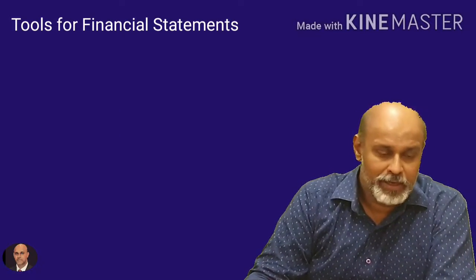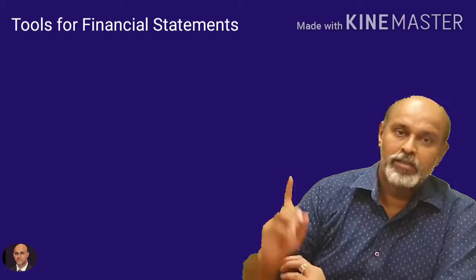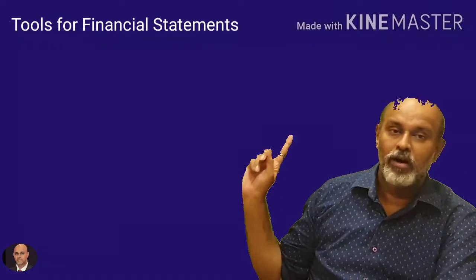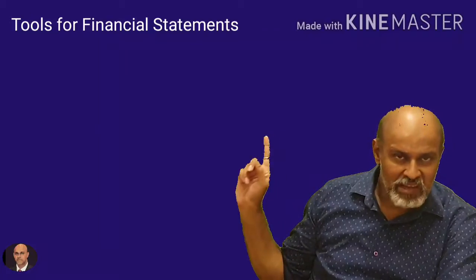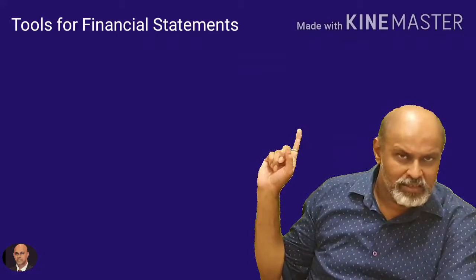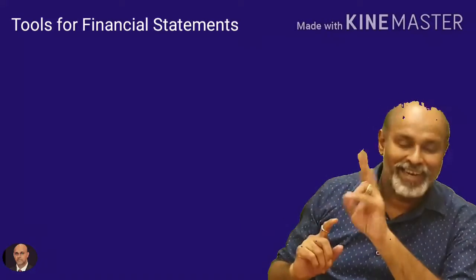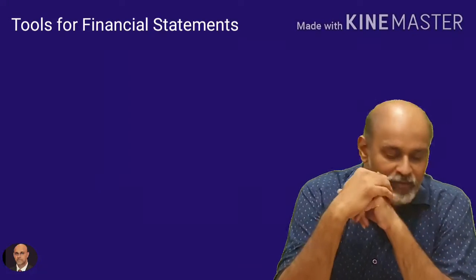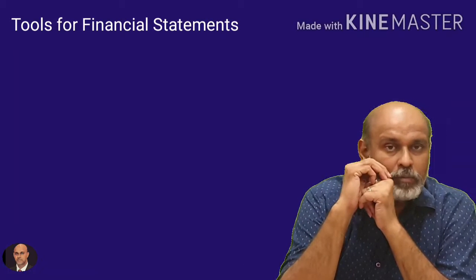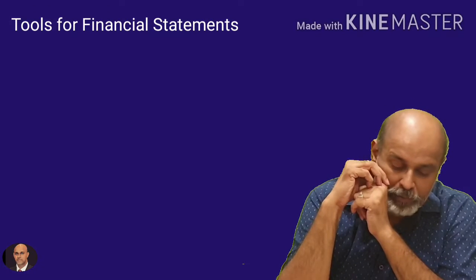I'm just repeating again what the format is. First, you will see that there is the particulars column. In your second column it will be the note number. In the third column you will be given the year of the previous year.